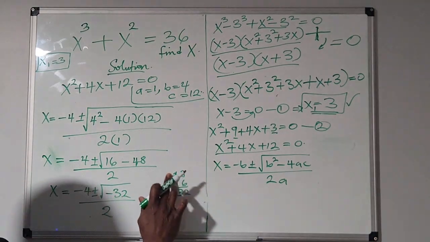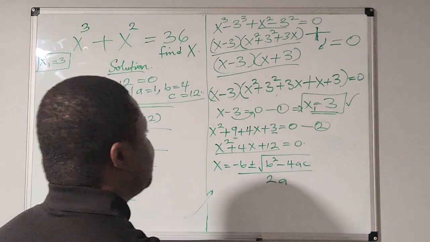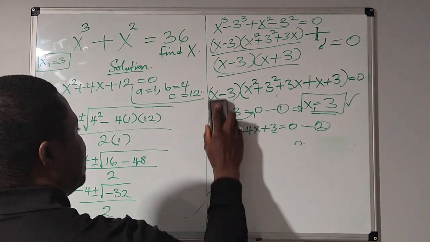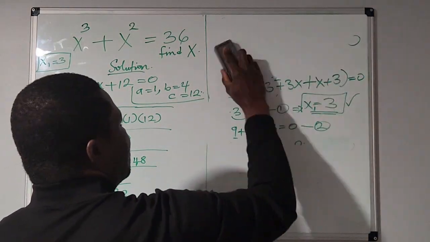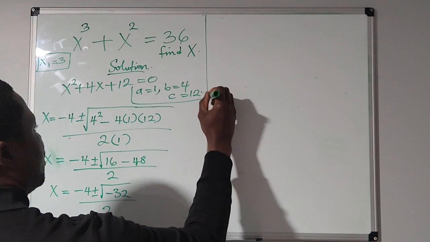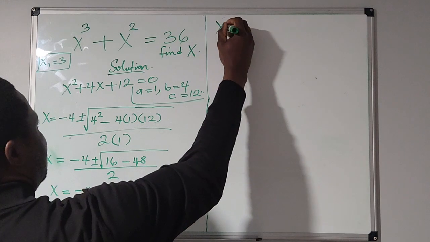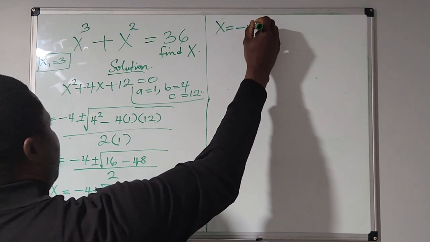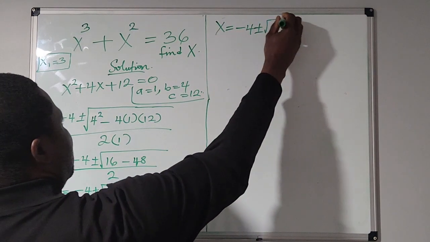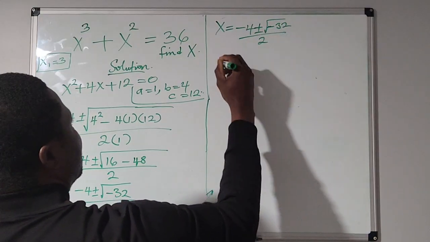We'll carry on this side. So we have x is equal to minus 4 plus or minus root minus 32 divided by 2.